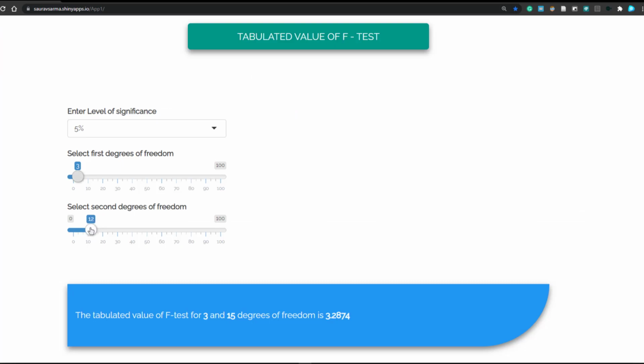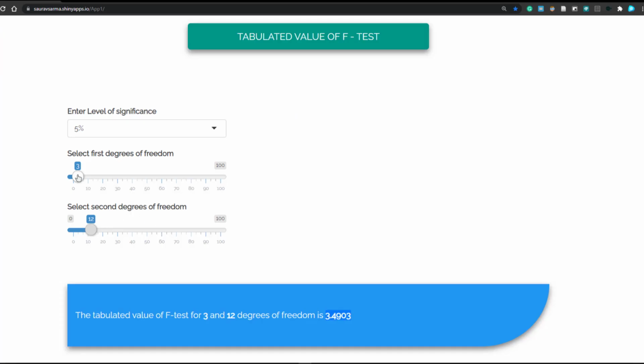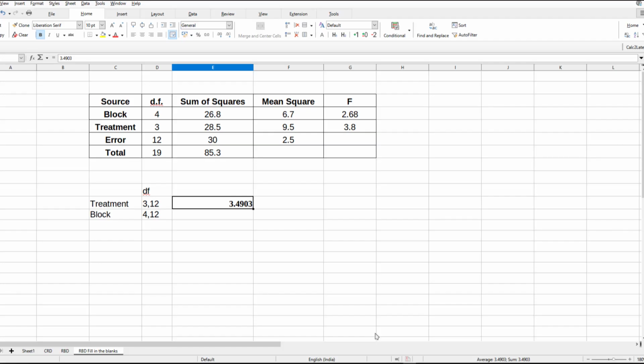So 3 and 12. And for 3, 12, the tabulated value is 3.4903. I will copy that here, paste it. For 4, 12, the value is 3. Right? And our calculated values are 2.68, and this is 3.8.